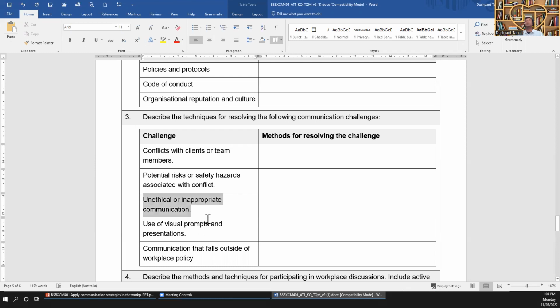Unethical communication, if someone doesn't talk with a proper tone, how do you resolve it? Use of any visual prompt representation. And finally, communication that falls outside of workplace policy. Are you allowed to say anything within the workplace, or does it prohibit some use of language, words? That will all go for question 3.